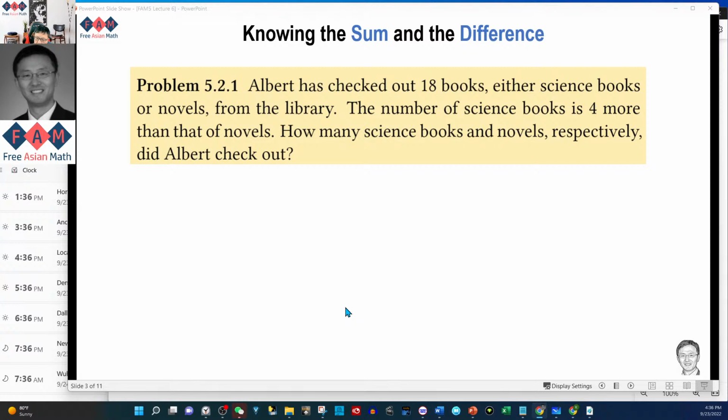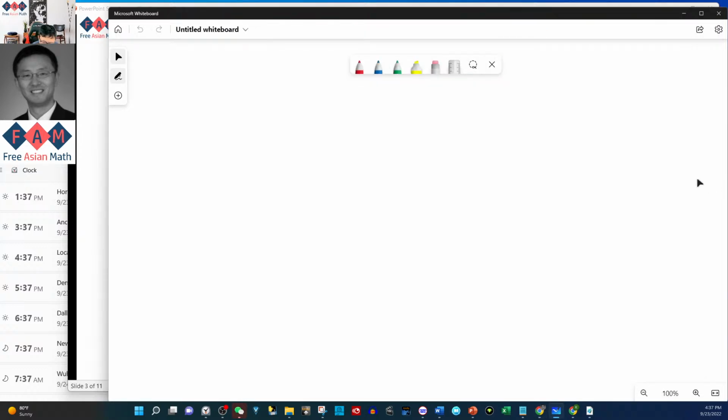So when you were, say, in the second grade or third grade, maybe you have learned to solve this problem with some visual aid. A typical visual aid would be something like this. We have two quantities.